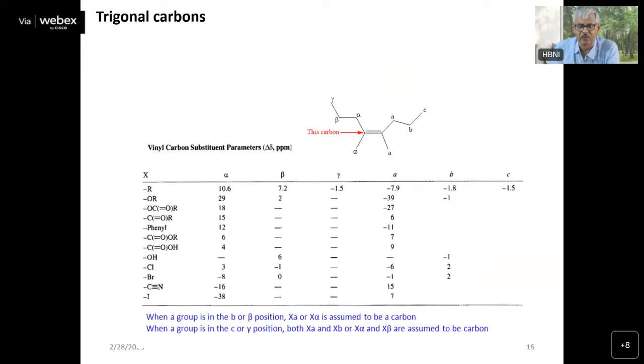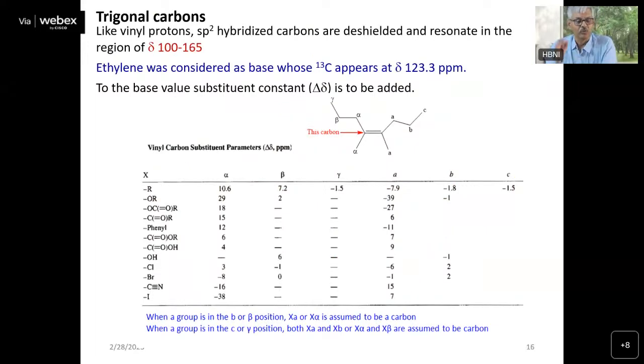Now, like your proton, vinyl carbons, the carbons which are involved in the double bond, come around 100 to 165 ppm. In that case, ethylene was chosen as the base, and the chemical shift chosen is 123.3 ppm.